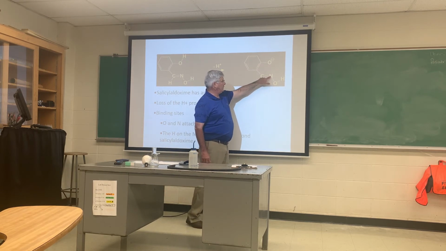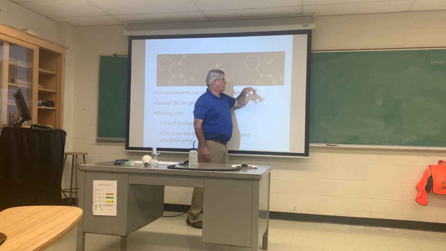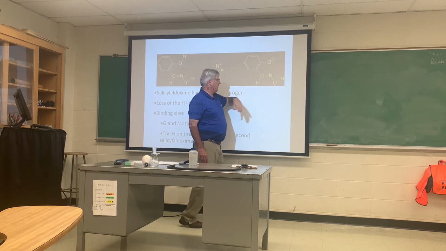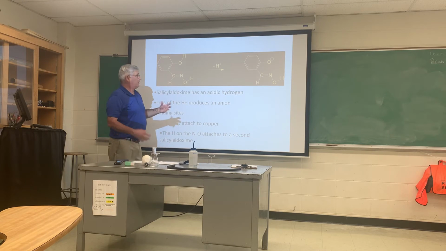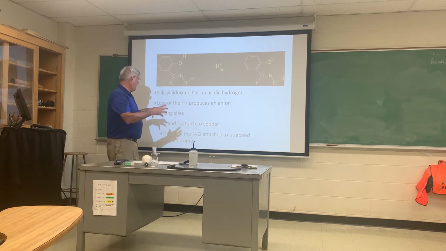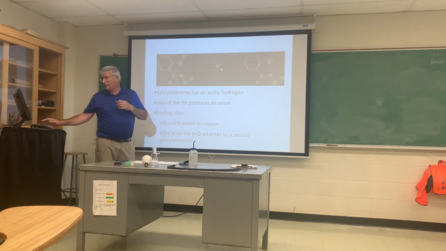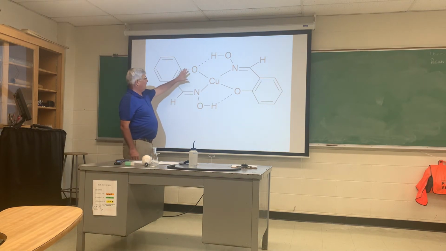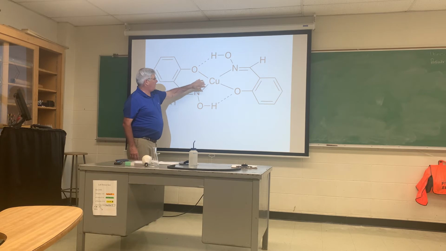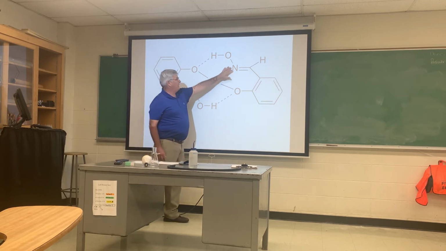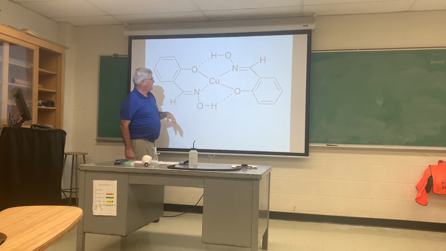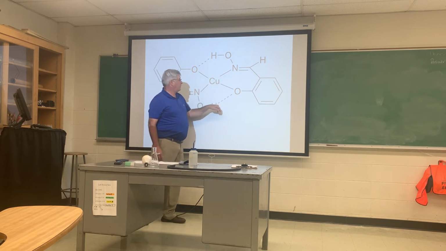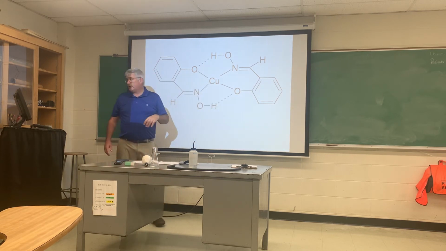The nitrogen here also has a lone pair of electrons, and the oxygen has a couple lone pairs, which also provide a negative environment for that metal to be attracted to. And so the structure looks something along this line, where the copper is oriented between the lone pairs, and then there's some hydrogen bonding occurring out on the edges there.